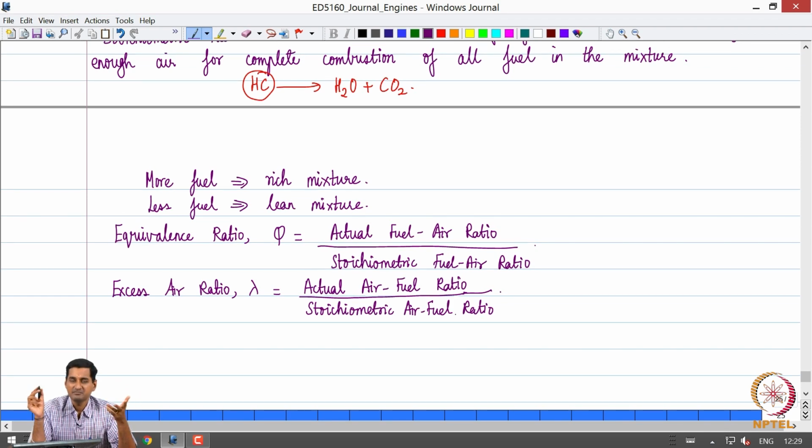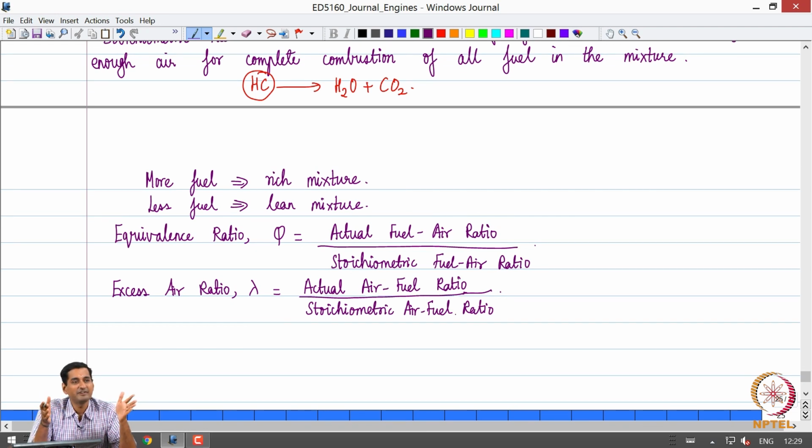So, why would some people prefer this? Because typically, even if we consider a typical fuel where the stoichiometric fuel to air mixture should contain 1 part of fuel and 15 parts of air, the fuel to air ratio will be 1 by 15, the air to fuel ratio will be 15.